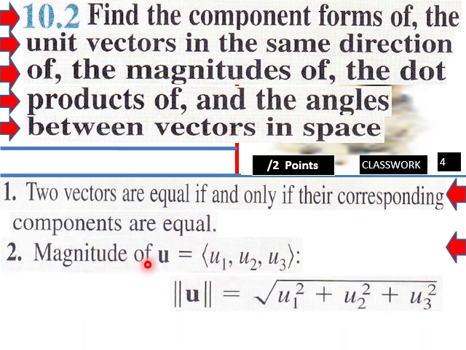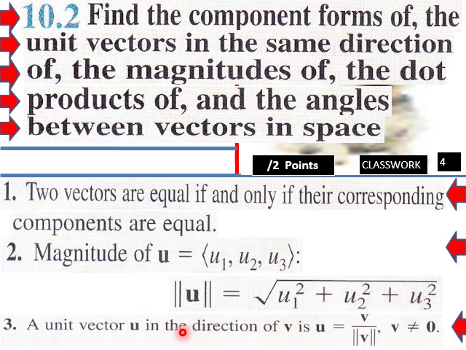The magnitude of u, which is u1, u2, u3, is the square root of u1 squared plus u2 squared plus u3 squared. A unit vector u in the direction of v is u equals v over the magnitude of v, where v cannot equal 0. That is how you find a unit vector in the direction of v.